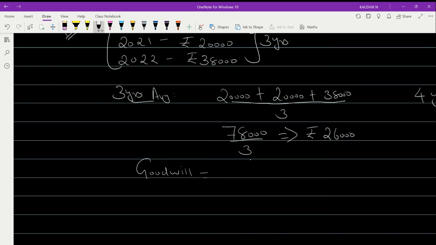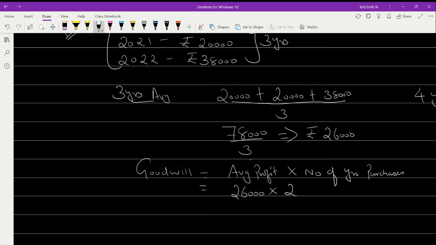Goodwill is equal to the average profit, whichever you got as higher, so average profit into number of years purchase. According to that, I've got the value of 26,000 as highest, into, say for example, the question gives number of years purchase as 2 years.